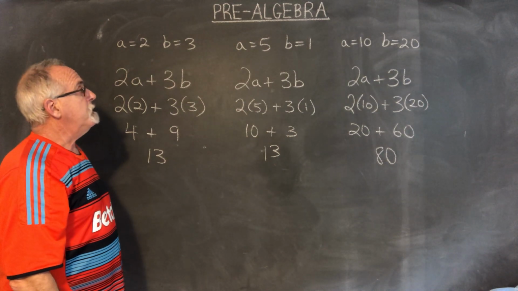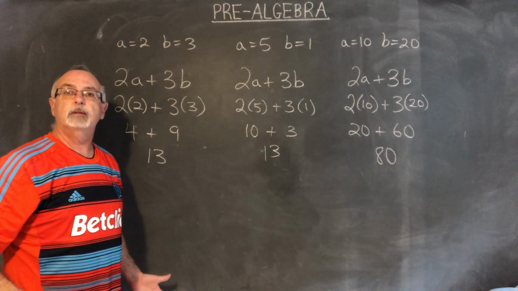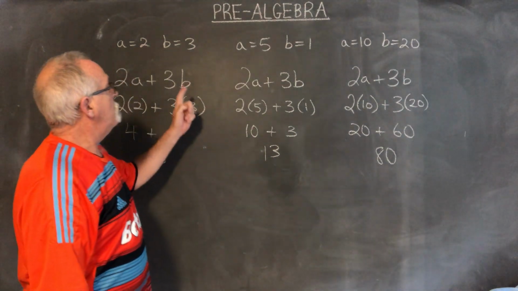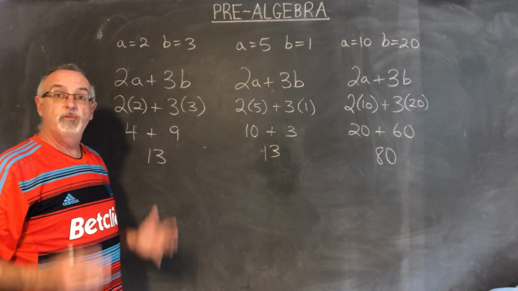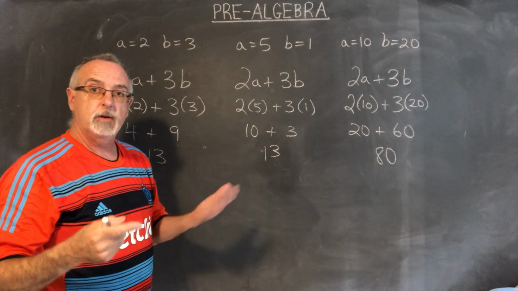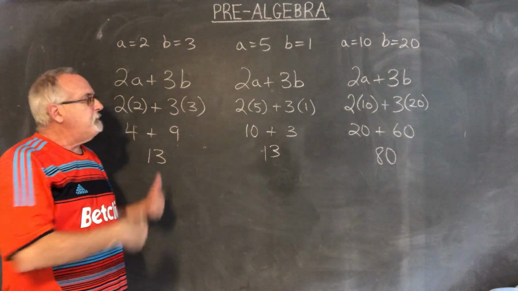I could make up enough questions for a 24-hour lesson with just this one algebraic expression of 2a plus 3b, really, because all the different combinations of numbers that I could substitute as my a and my b gives me a new question every time. Again, it feels like that machine.